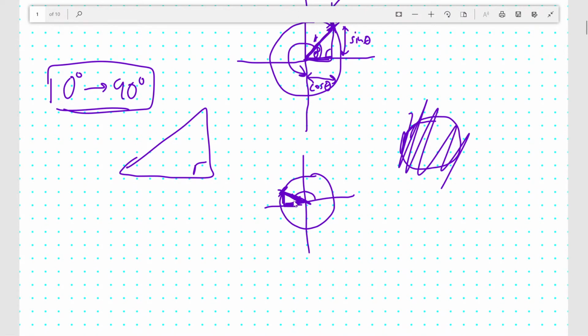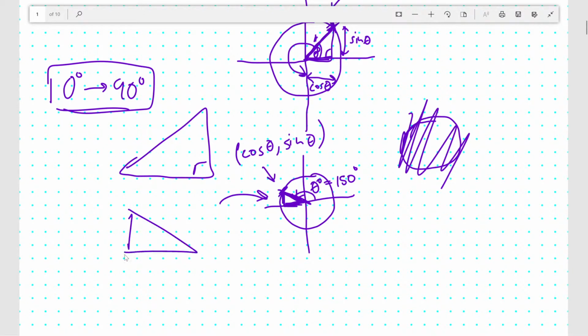I'll touch on that in a second, but basically this angle theta, which is 150, you're left with this triangle, and the coordinate here is going to be cosine theta, sine theta. And we know this triangle is going to be a 60, 30, 90 triangle.